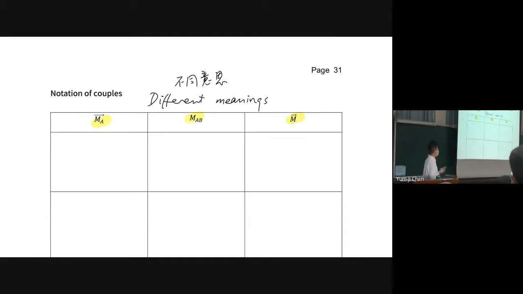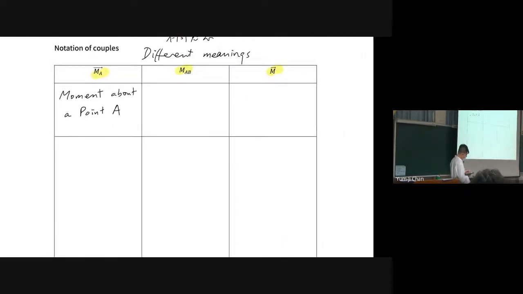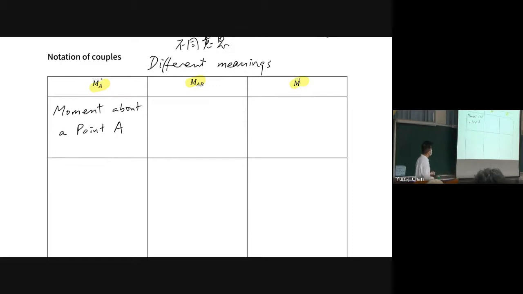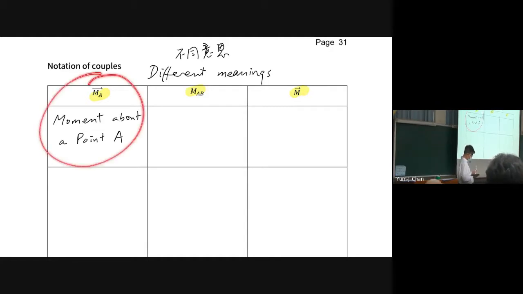MA means moment about a point A. And if MA is moment about a point A, what is MAB?